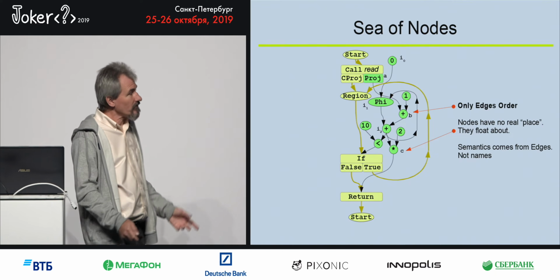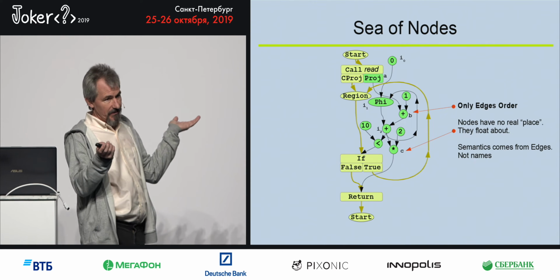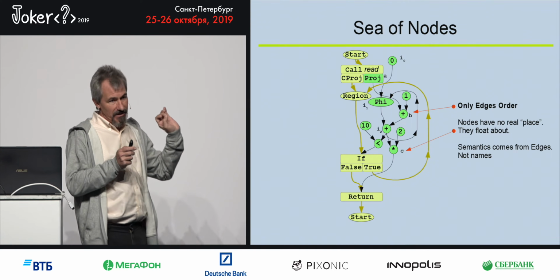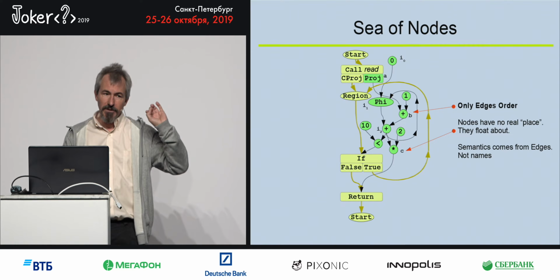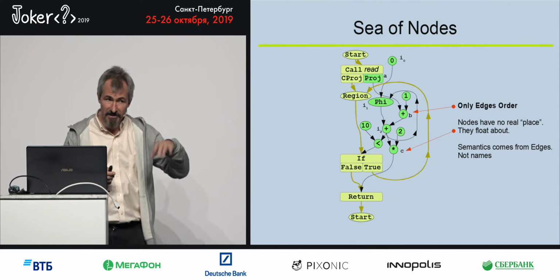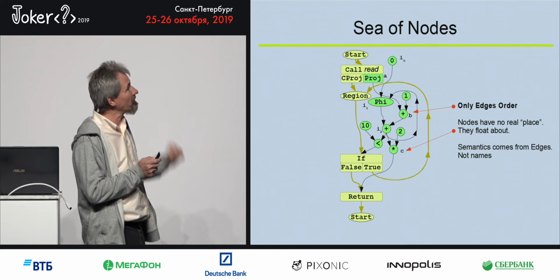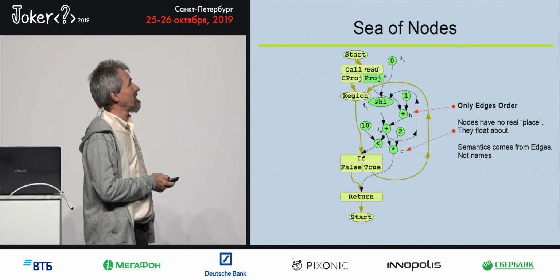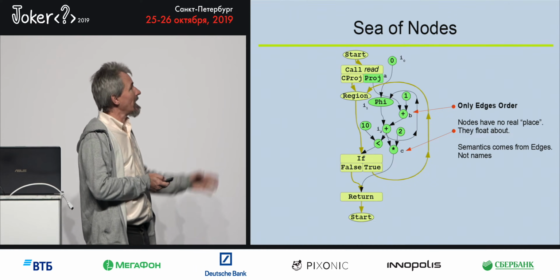Edges, only edges order operations. So I'm showing def-use edges. The actual implementation has only use-def edges, because that's the raw pointer from the use to the def. And that's your only ordering, and that's your total semantics. So values have no place.